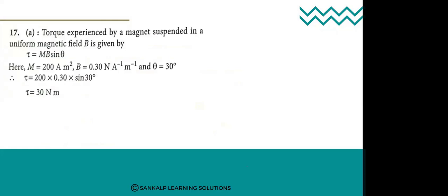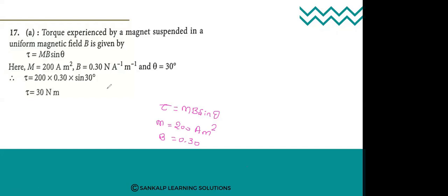See, the torque experienced by the magnet is given by tau is equal to MB sine theta. The magnetic moment is 200 ampere meter square. The magnetic field is 0.30. Theta value is 30 degrees.